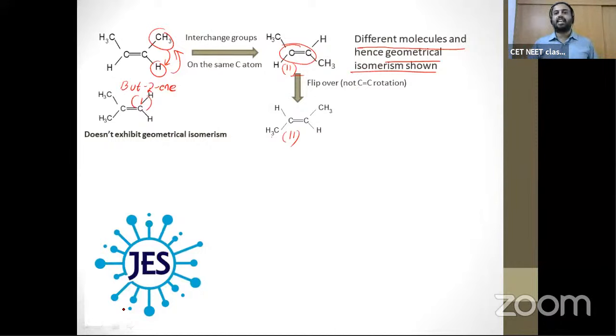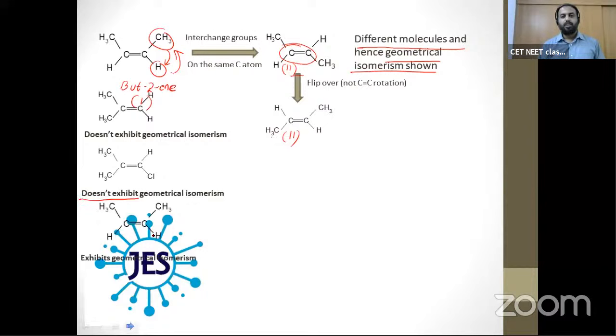If those two conditions are satisfied, then yes, it shows geometrical isomerism. Let us see what those conditions are. Our conditions ಏನು ಅಂತ ನೋಡೋಣ. Okay, one by one. Look at this compound. Look at this compound. This does not exhibit geometrical isomerism. Doesn't exhibit geometrical isomerism. Okay, next one. Look at this compound. Exhibits geometrical isomerism.